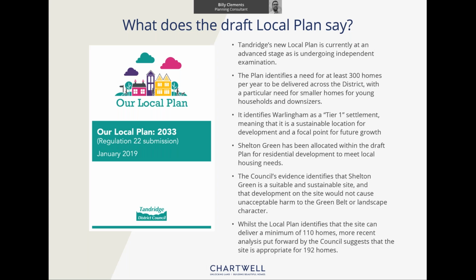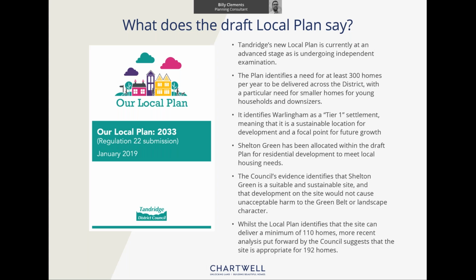That's a significantly greater number than was historically identified as being needed, but still is a long way short of what the government identifies as being needed in the district, which is in excess of 600 homes per year. And the local plan identifies a particular need for smaller homes, for young households, first-time buyers, but also for those looking to downsize.